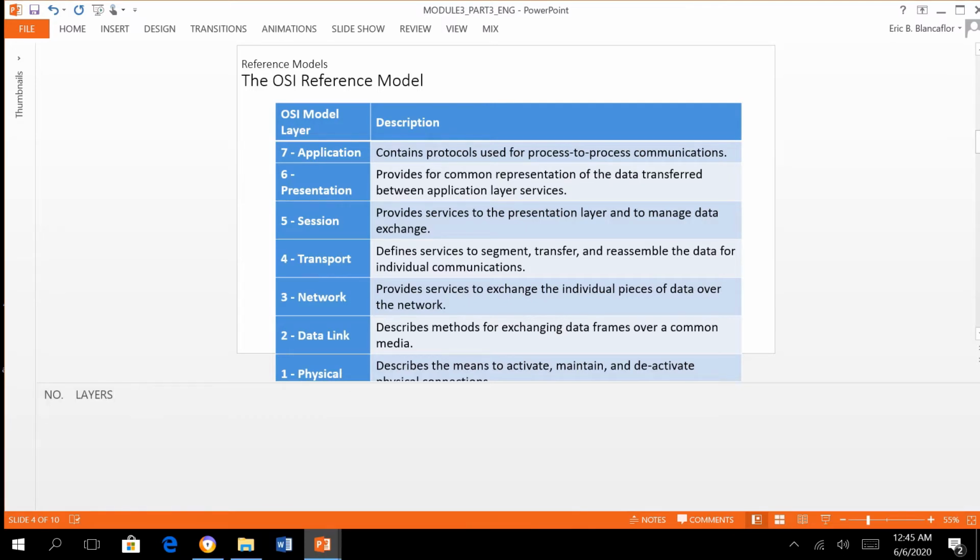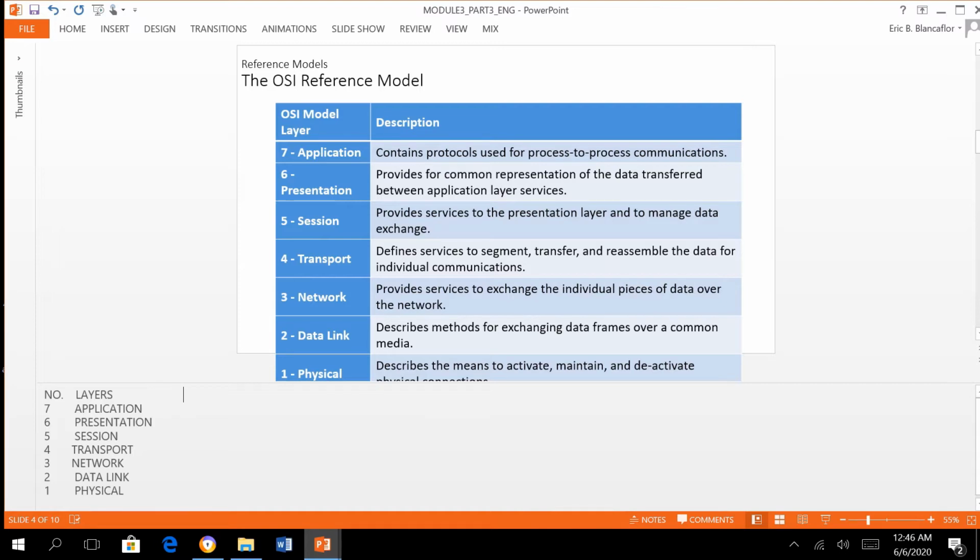Starting from the upper layer going down, we have the application, and below it the presentation, then session, transport, network, data link, and physical. These layers communicate only with their adjacent layers, and each of these layers has specific roles or functions.